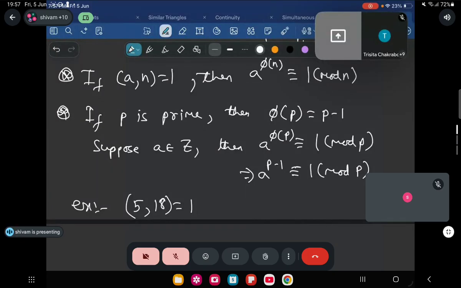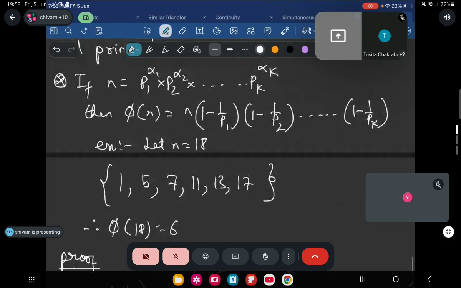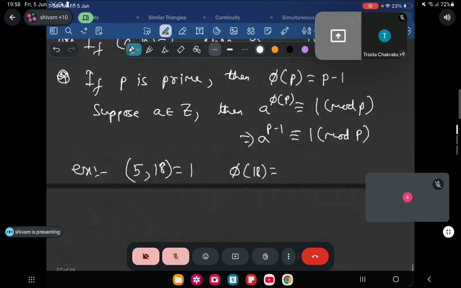Let us find out phi of 18. Phi of 18 is how much? We found it before, right? 6. Phi of 18 is equal to 6. Can you understand?